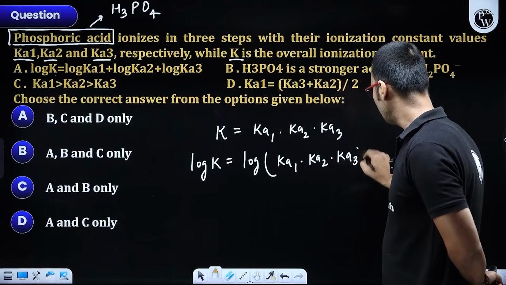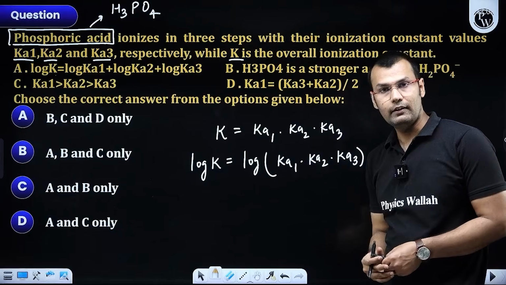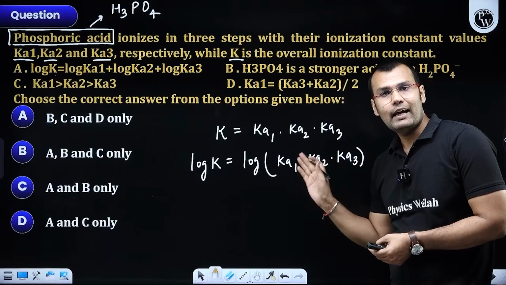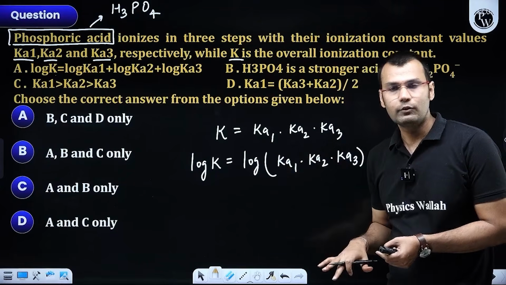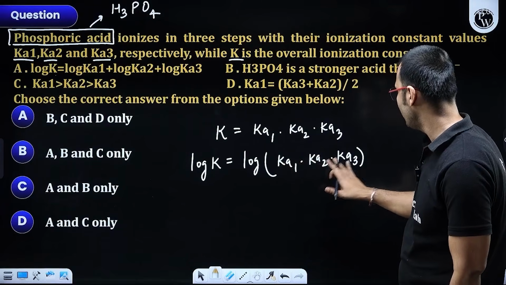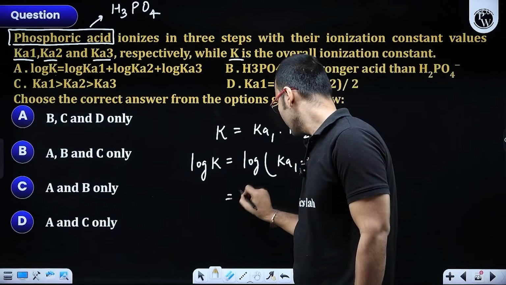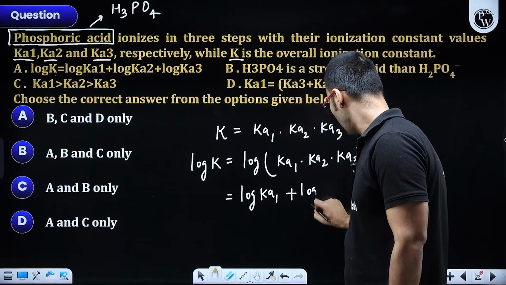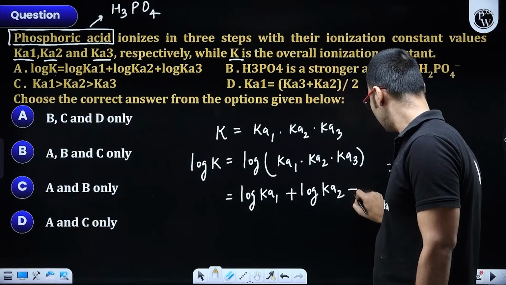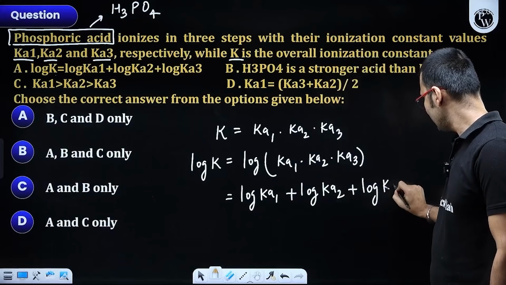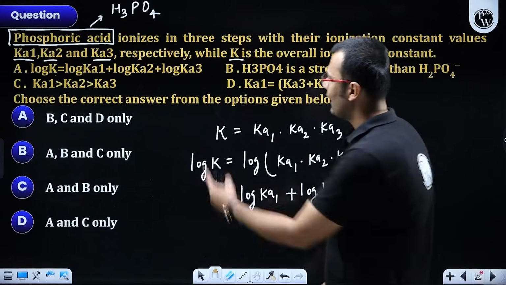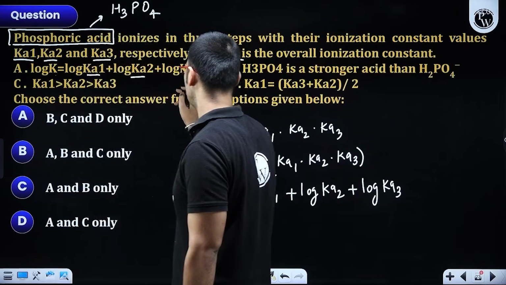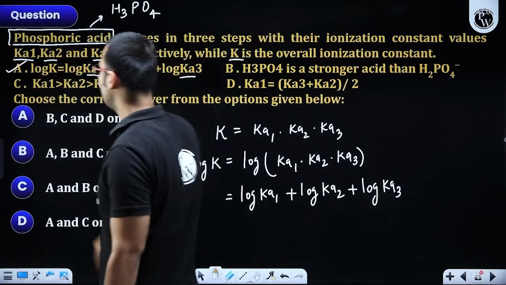And I hope you know the basic formula of log, right? Inside log, whenever two numbers are in multiplication, that can be expanded in terms of addition. So log of K1 into K2 into K3 can be written as log K1 plus log K2 plus log K3. Now this is what they have written in point A. Log K equals log K1 plus log K2 plus log K3. So A is absolutely correct, right?